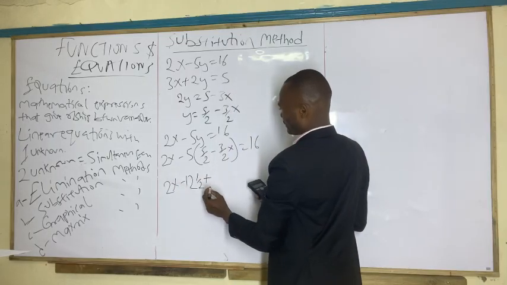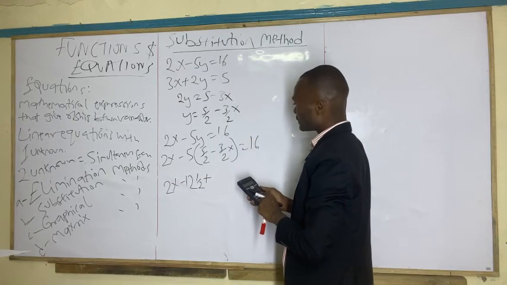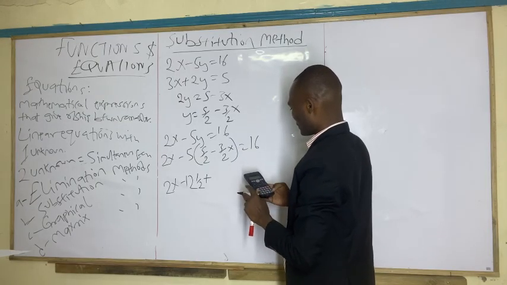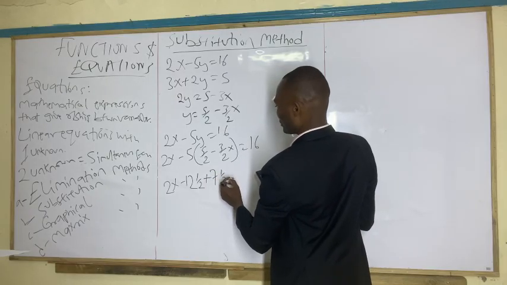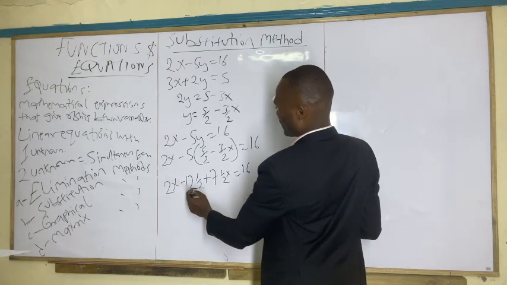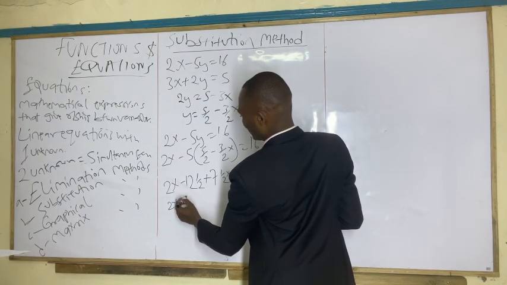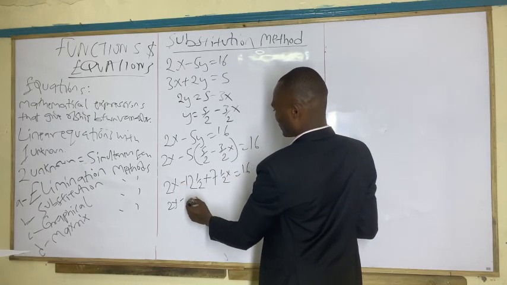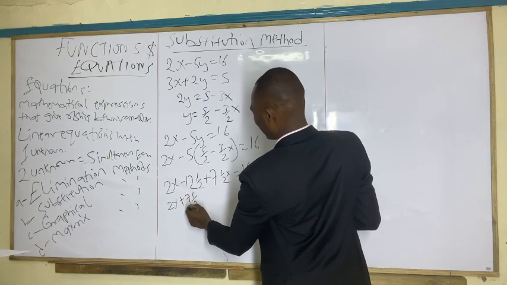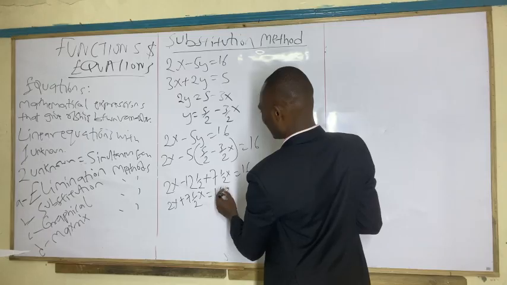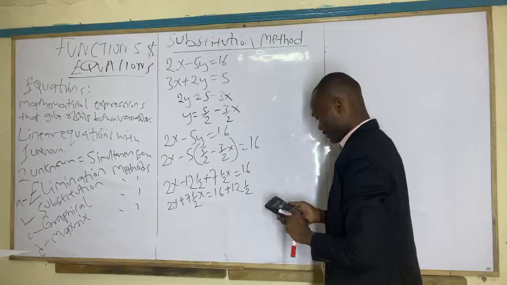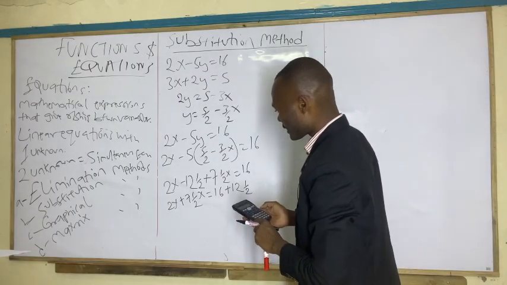Minus times this becomes a positive. So we say 5 times 3 over 2 becomes 7 and 1 over 2 x is equals to 16. So what do we do? We say 2x plus 7 half x is equals to 16 plus 12 half.